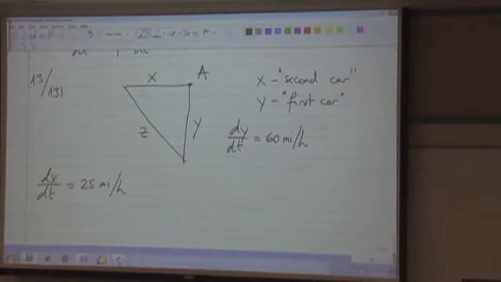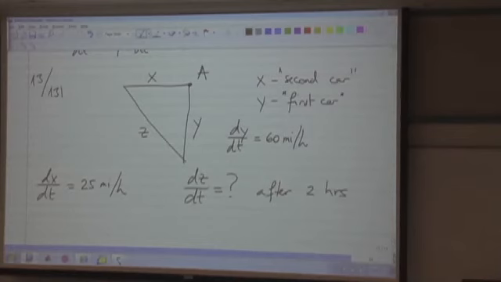At what rate is the distance between the cars increasing 2 hours later? So, what is dz over dt after 2 hours, right? What next?